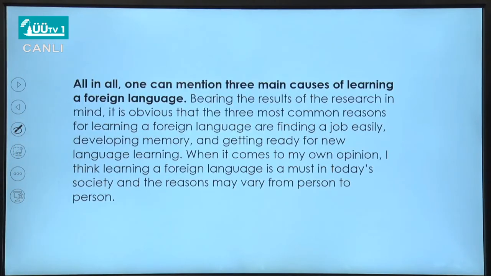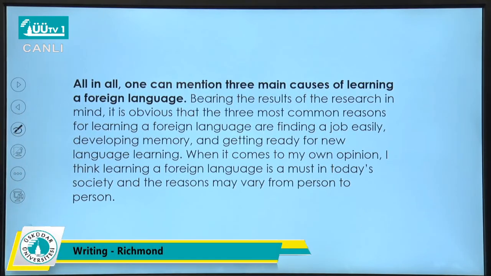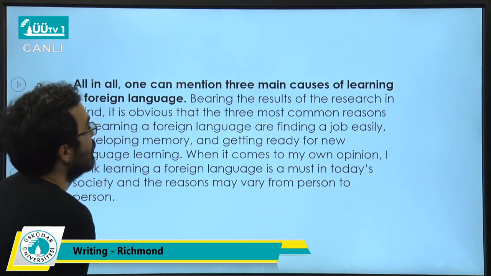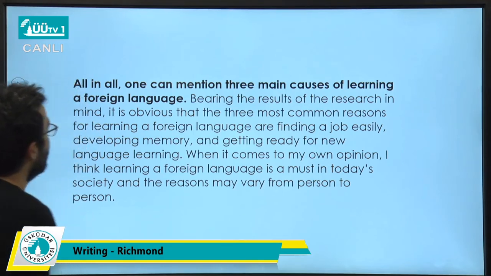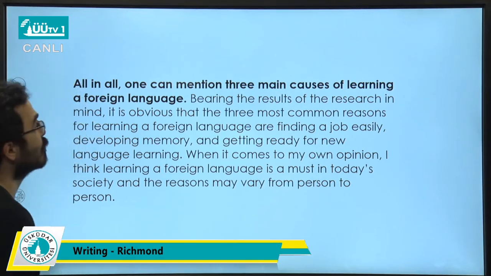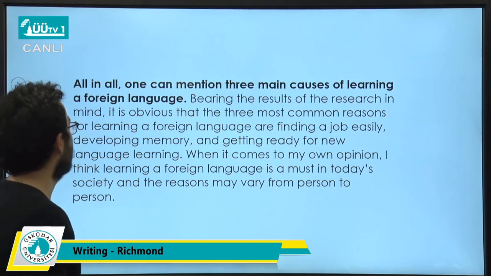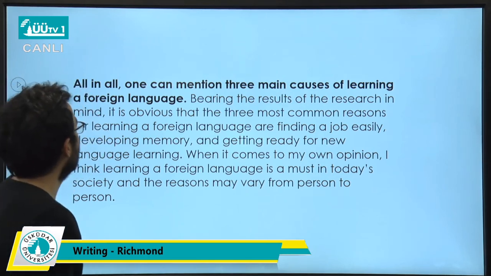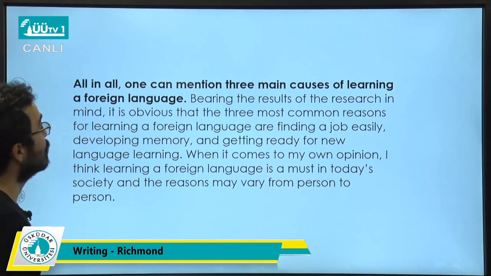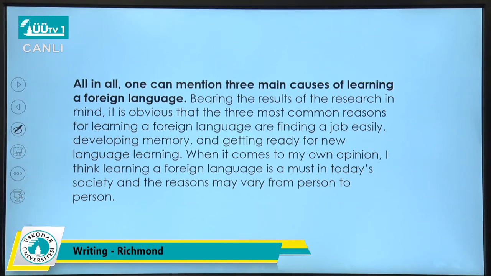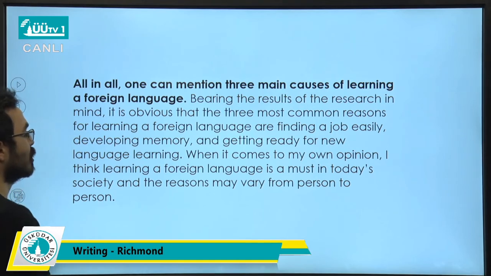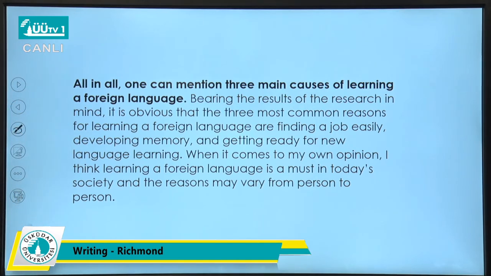All in all, one can mention three main causes of learning a foreign language. Bearing the results of the research in mind, it is obvious that the three most common reasons for learning a foreign language are finding a job easily, developing memory, and getting ready for new language learning. When it comes to my opinion, I think learning a foreign language is a must in today's society, and the reasons may vary from person to person.